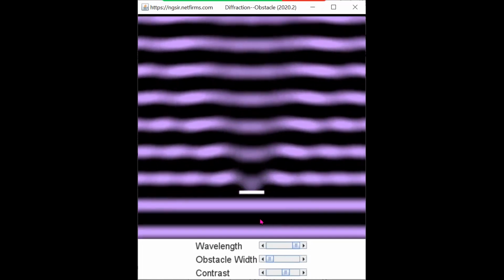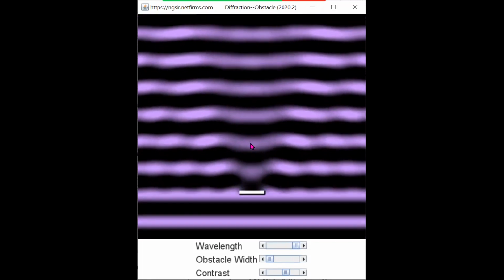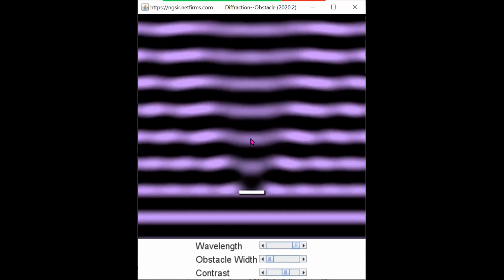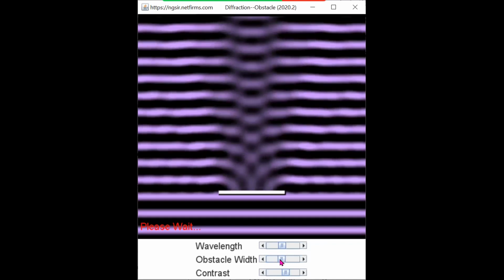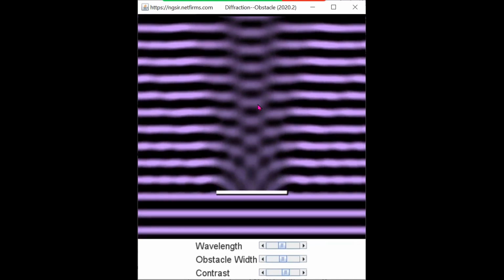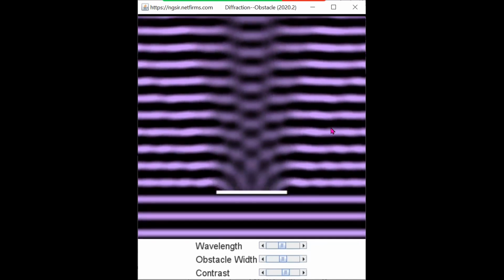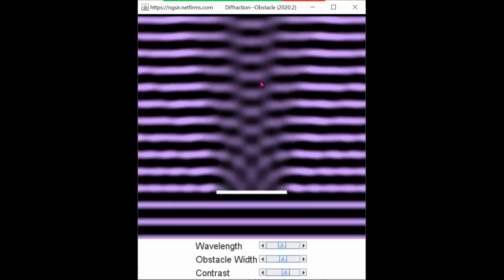And what you can see here is that the waves don't really change that much. And now we want to make the wave comparable to the obstacle size. So in this case, we're setting them equal to each other. And what you're seeing here is that if you look off to the left or to the right, there is definitely a change in wave pattern.